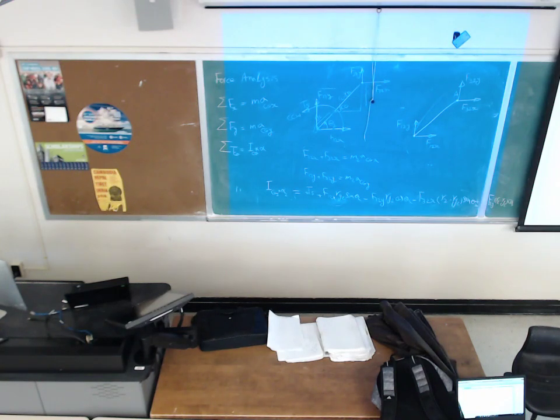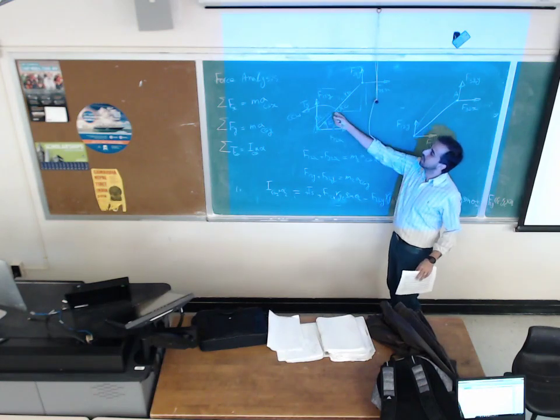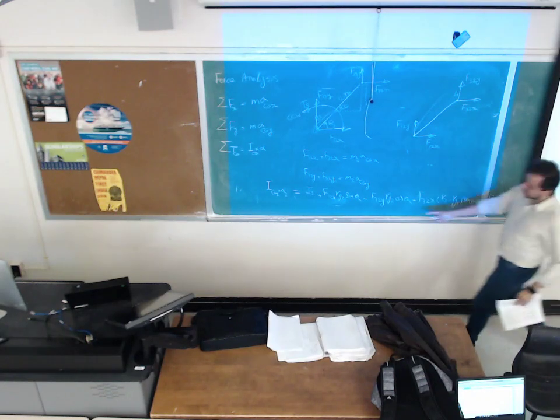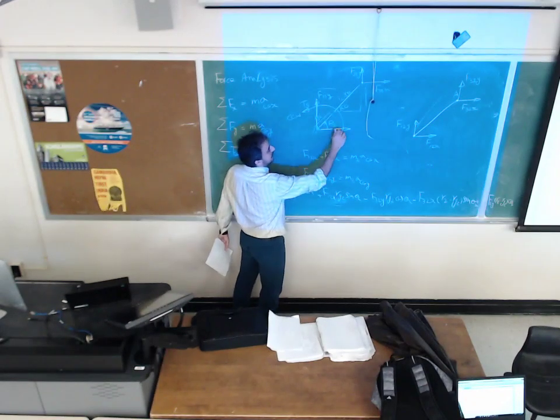What I'm expecting you to do is find the moment that each force is making about center of gravity. And the moment is going to be the force times the perpendicular distance from center of gravity. So in each case, I looked at this force. This force has this perpendicular distance. What would be this distance? It's going to be RG2 sine of theta 2.